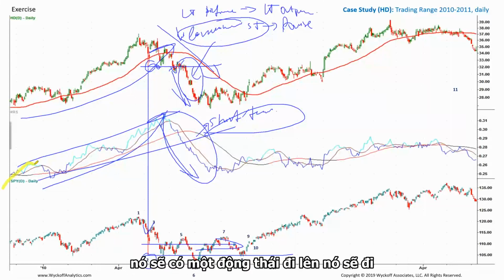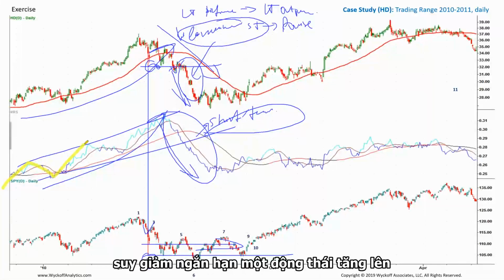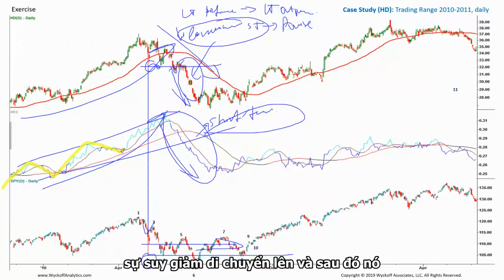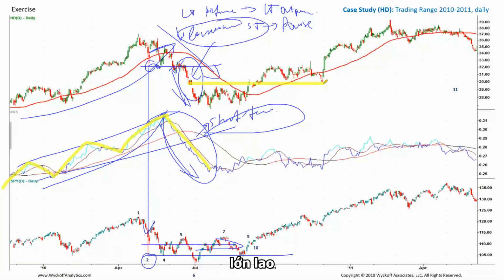It's going to have a move up, then short-term weakness, short-term deterioration. A move up, short-term weakness, short-term deterioration. Move up, and then a much more substantial deterioration that would suggest a more substantial pause in the long-term uptrend of the performance.